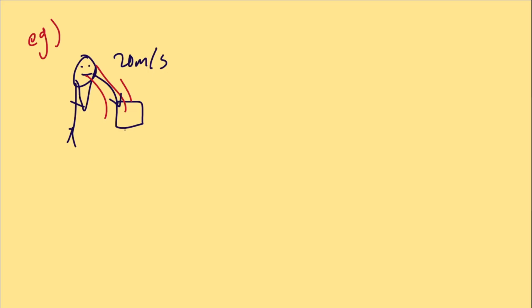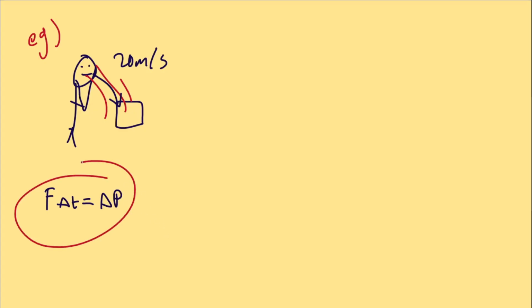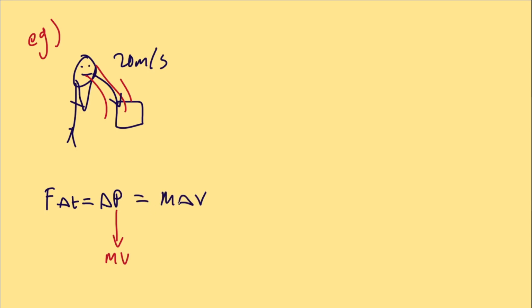Let's find the impulse. Force multiplied by time is equal to change in momentum, as we just discussed. Momentum is mass times velocity. So the change in momentum would be mass times the change in velocity, because mass doesn't change. Let's say his head is roughly 5 kilos. That's the object we're working with.